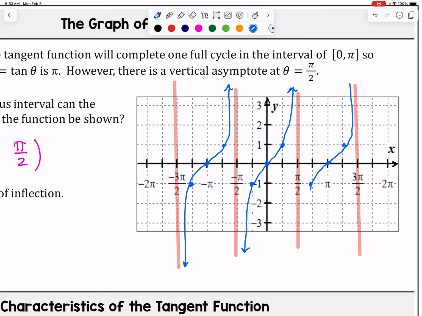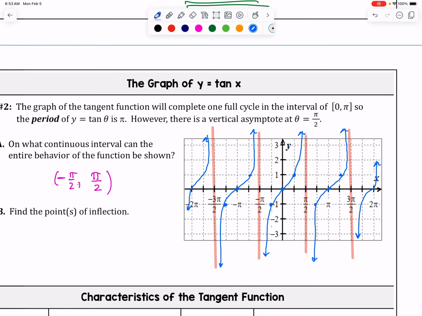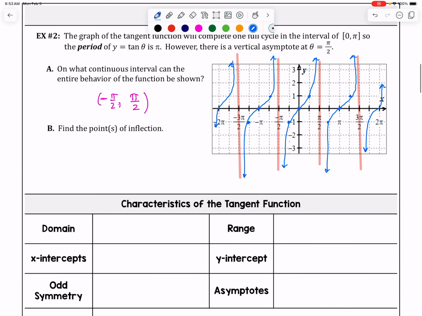It's increasing. Cotangent is decreasing; it's the opposite. So there's our tangent function. And our points of inflection are here, where it goes from concave down to concave up, right in the middle.